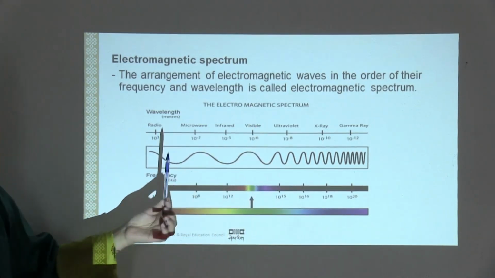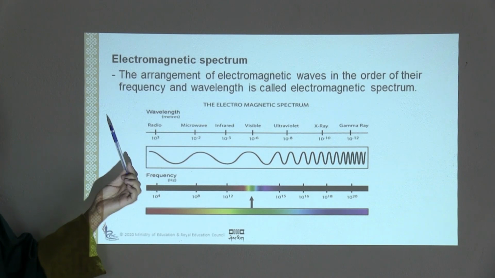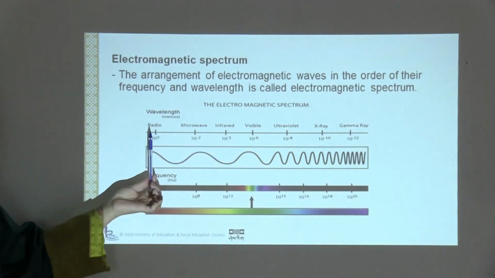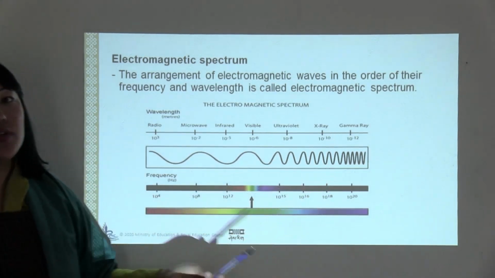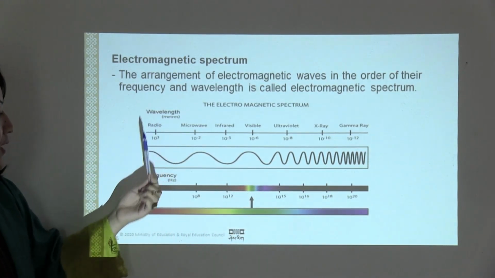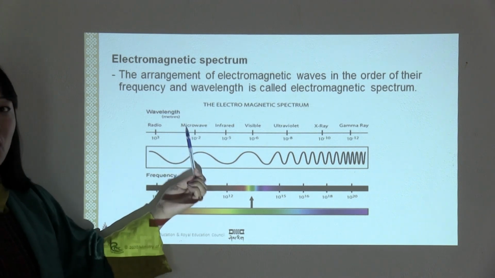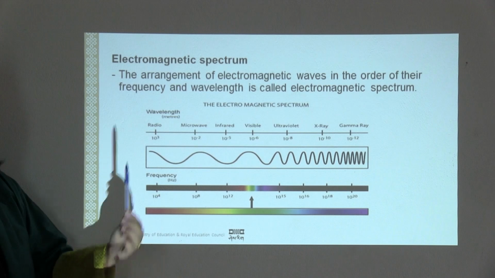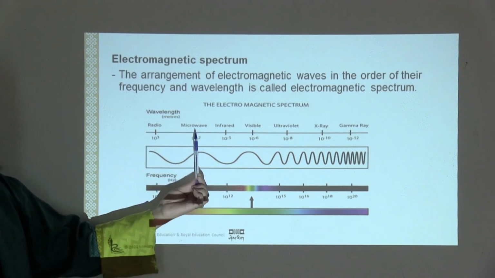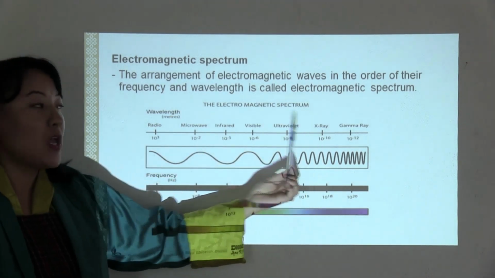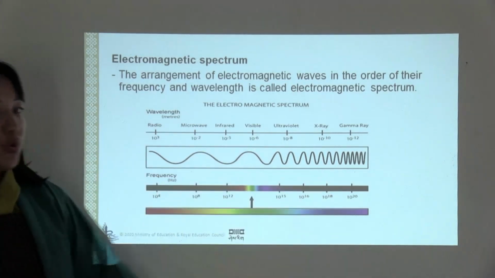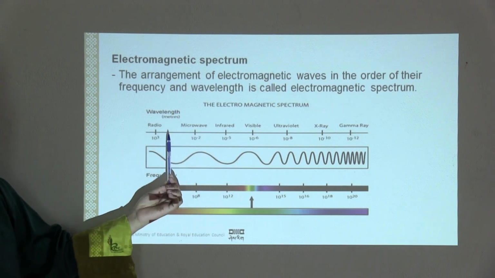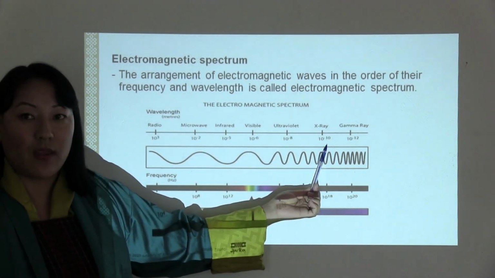Now, it's very important for you all to remember the sequence of those waves. If you know the sequence of these waves, then you can easily compare the wavelength and frequency of two or more waves. For example, if you are asked to compare the wavelength and frequency of microwave and X-ray, by looking at this sequence, you can directly say that the wavelength of microwave is more compared to the wavelength of X-ray.